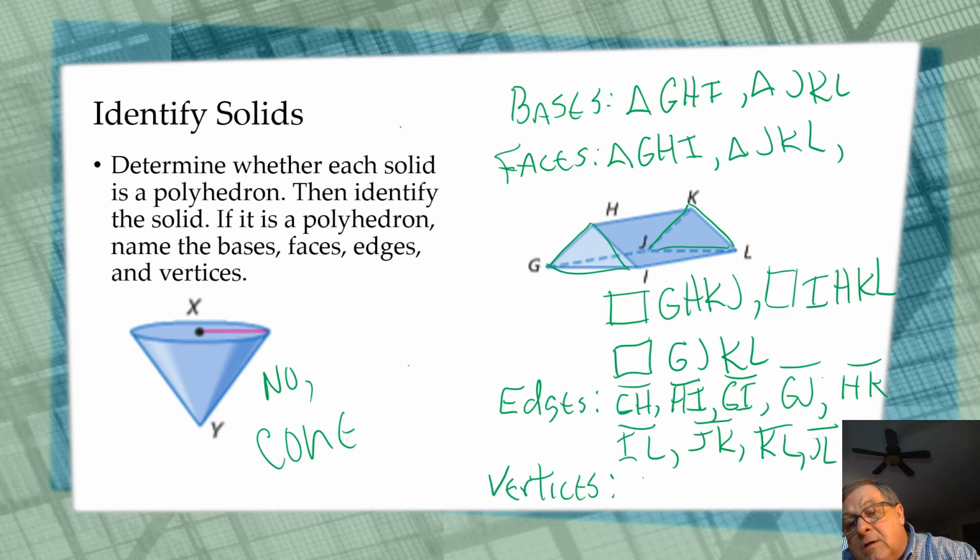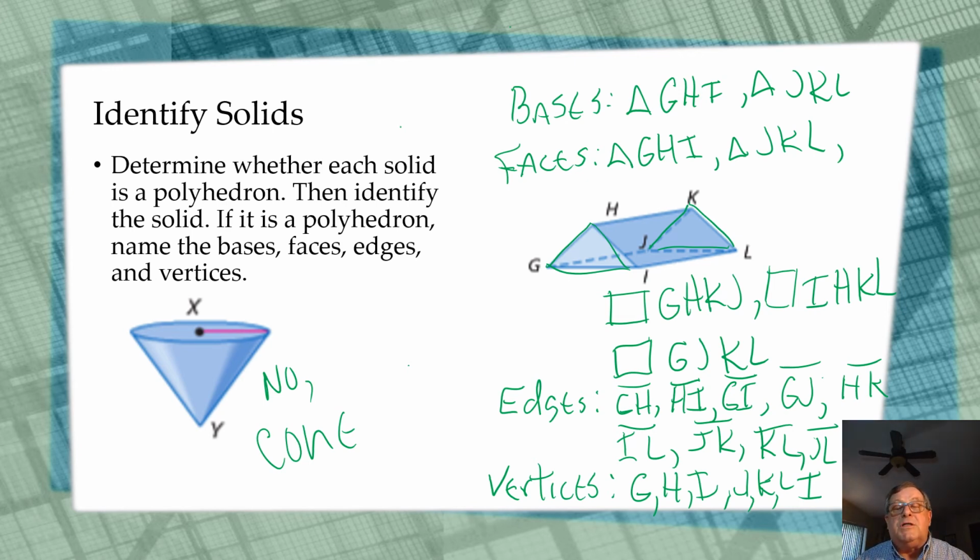Well, we've got G, H, I, J, K, L, put commas between all of those. And there we go. We have named the bases, the faces, the edges, and the vertices of this polyhedron. And a polyhedron is a three-dimensional solid that has flat polygonal faces, straight edges, sharp corners, or vertices.